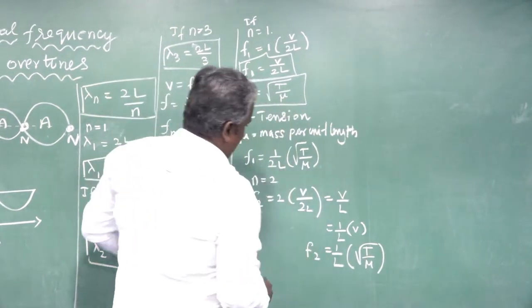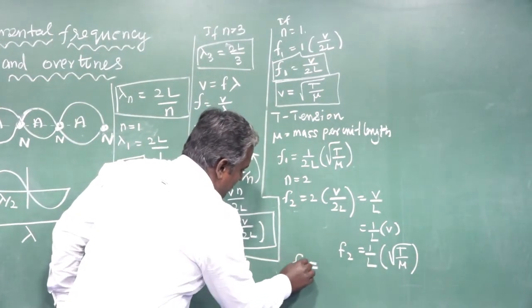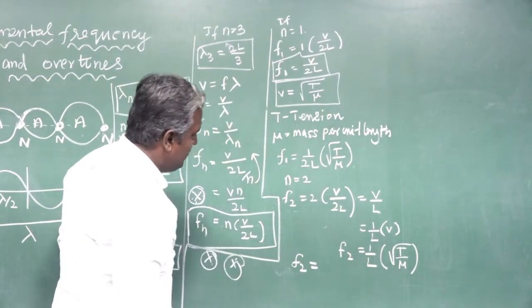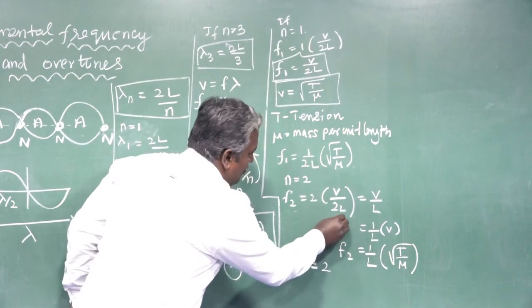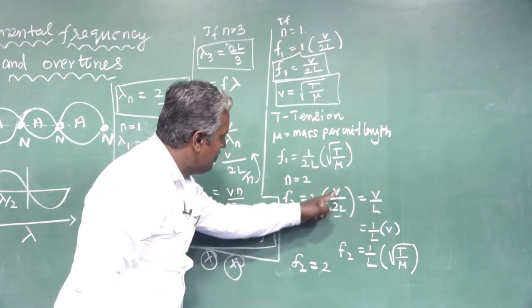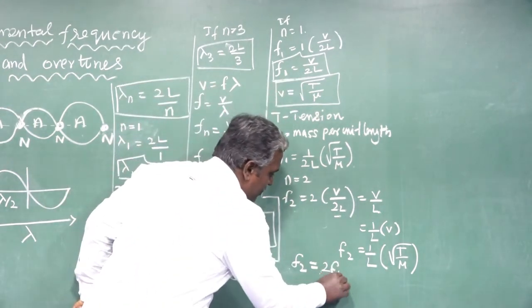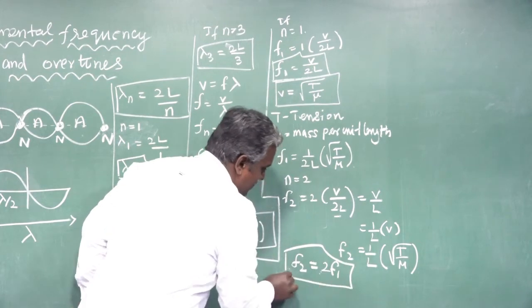This is f2. So f2 you can write as 2 f1, yes, the 2 comes down. v by 2L is equal to f1, so f2 is equal to 2f1.